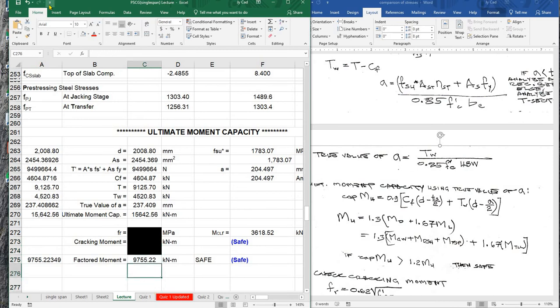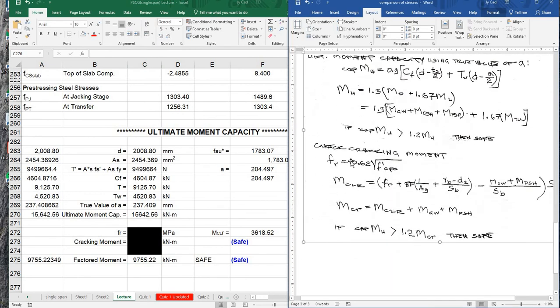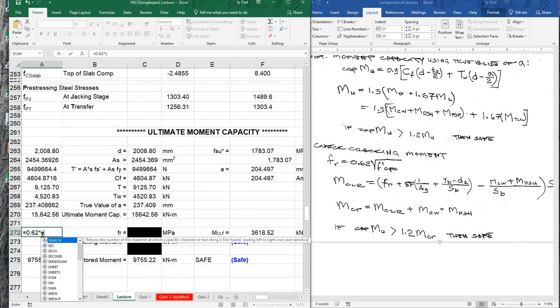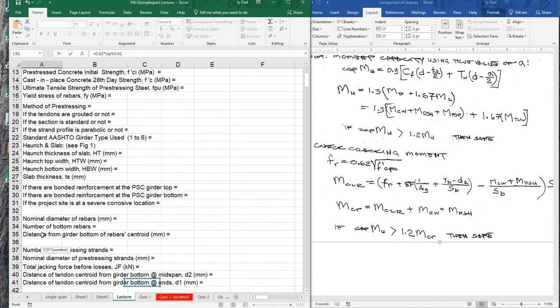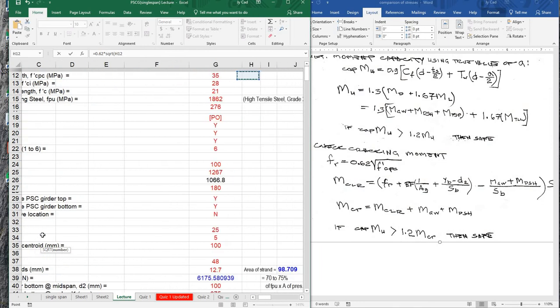Next, dito na tayo ngayon sa check cracking moment. Okay, so FR, this is something about rupture. Okay, so yan. And that is equal to 0.62 times square root of F prime C, and then close.